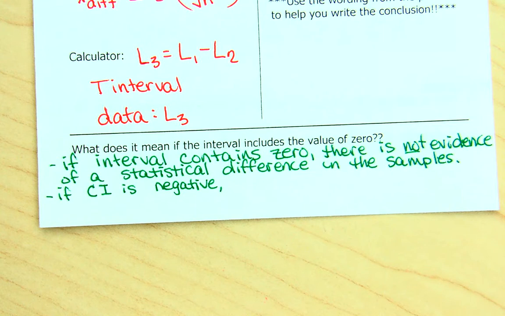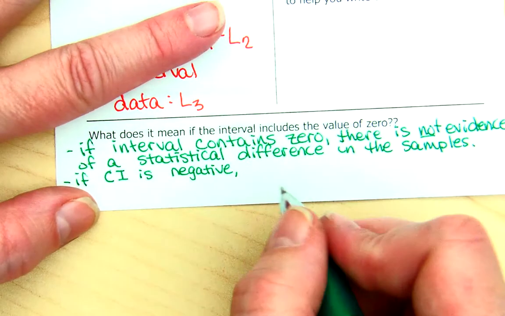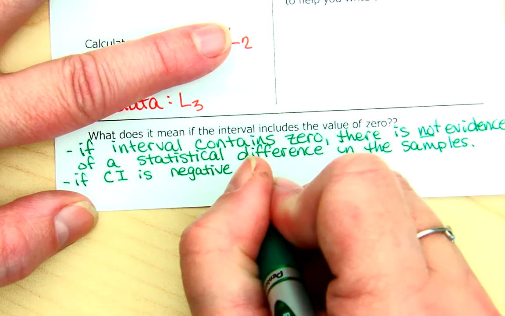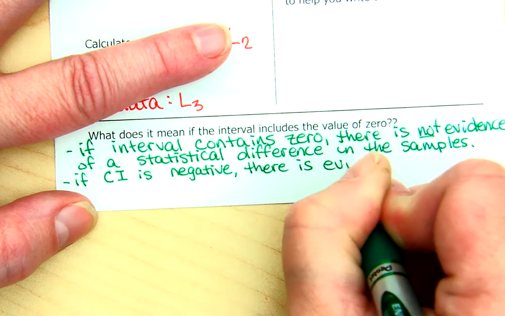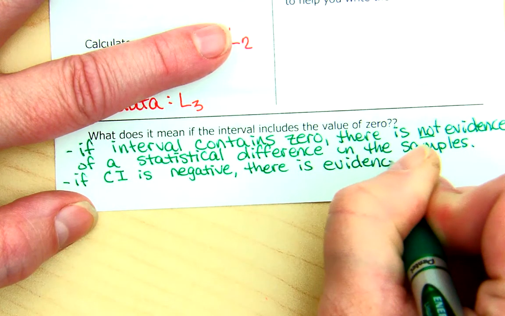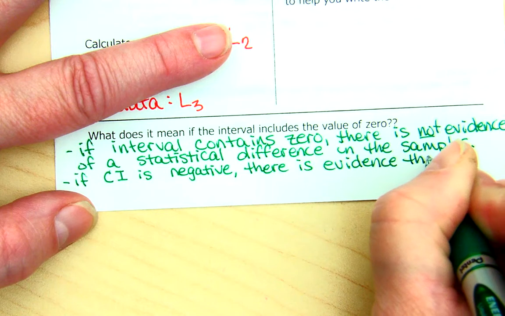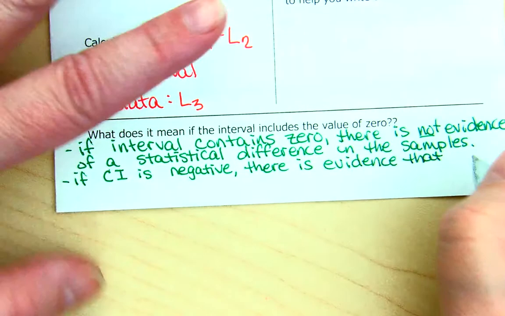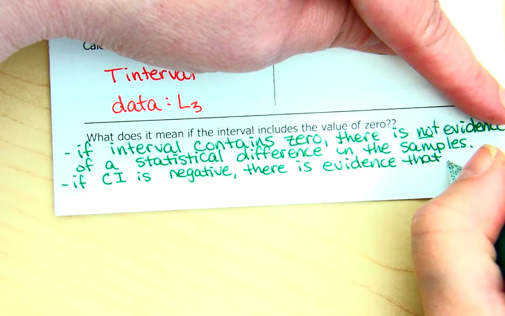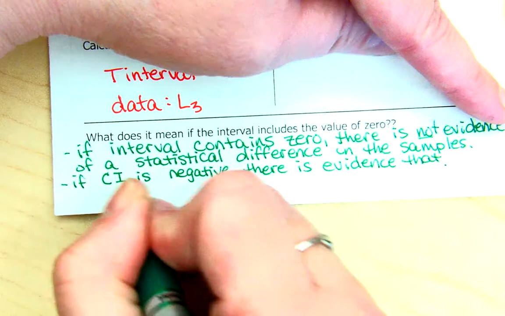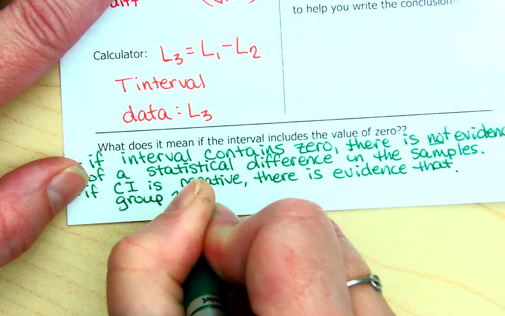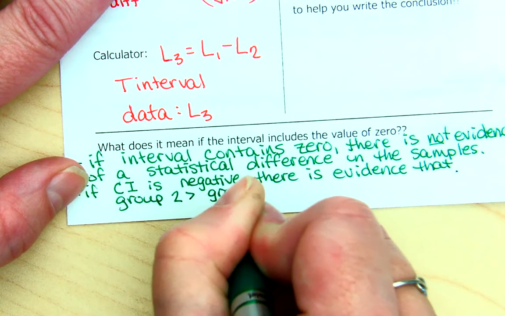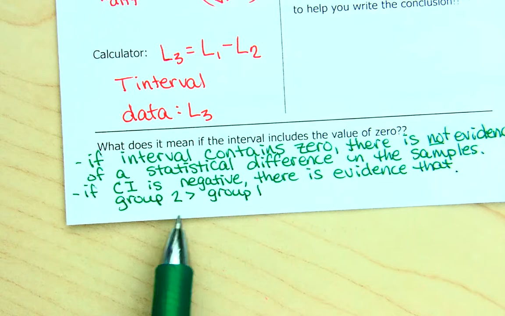L2. Okay? So there is evidence here. Group 2 was larger than group 1.